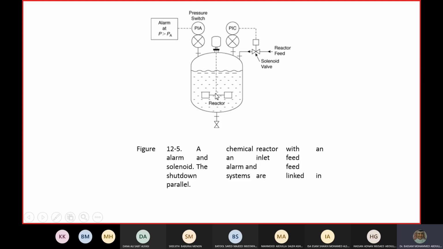And then we have taken an example. This is the example of a reactor, and these are switches. This example shows that we have a system of alarm, PIA, the pressure alarm. It's a pressure indicator, and it is an alarm at the same time.